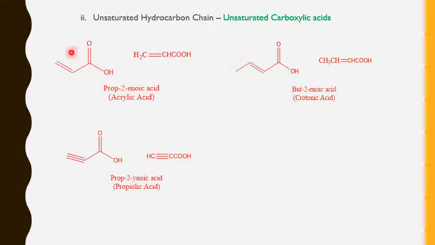So you can clearly see that there is a double bond here. This is famously called acrylic acid. The IUPAC name is prop-2-enoic acid. How does this name come? We will see in the next section, which is nomenclature.